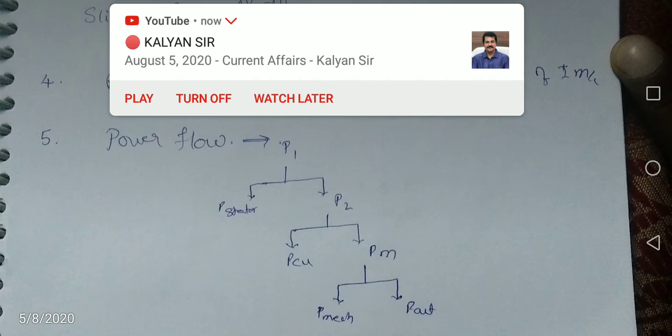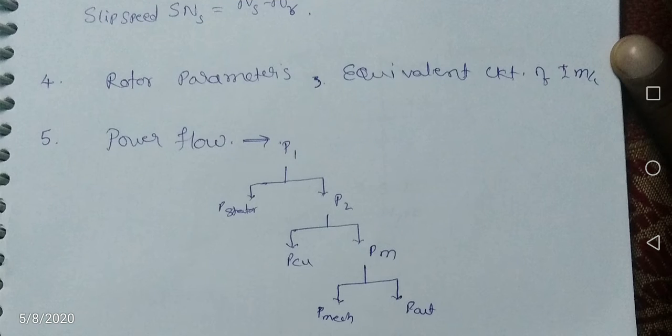In a torque equation, we should remember that in a motor there are two torques acting. One is the electromagnetic torque and another one is the load torque. In a motor, electromagnetic torque TEM acts in the direction of rotor rotation, and load torque acts in the opposite direction.